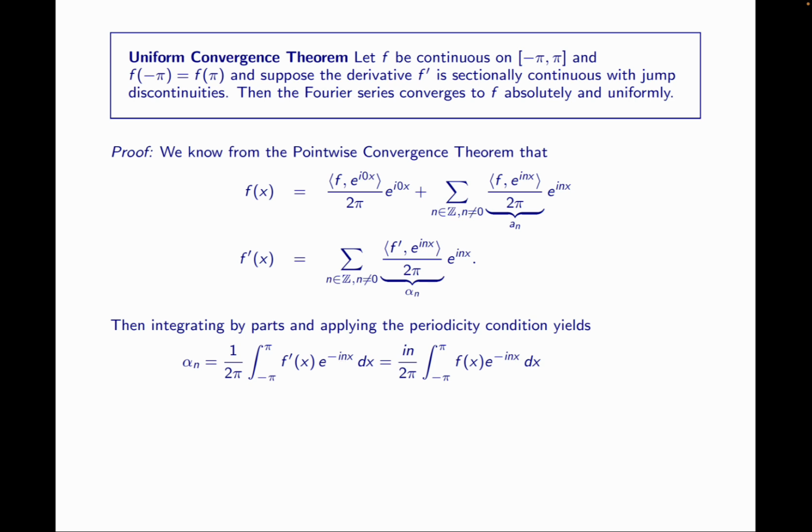That equals i n over 2 pi times the inner product of f and e to the i n x. In other words, I get i n times a_n. In particular, the absolute value of a_n is the absolute value of alpha n divided by the absolute value of n. Remember, n could be a negative integer, so it doesn't necessarily have to be positive.